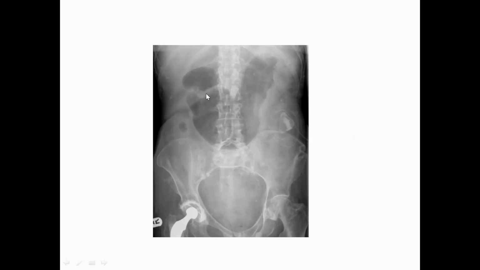So this patient has gastric outlet obstruction. In this case, the obstruction is probably just distal to the stomach, because there's still gas in the duodenal cap. So this is one case of gastric outlet obstruction.